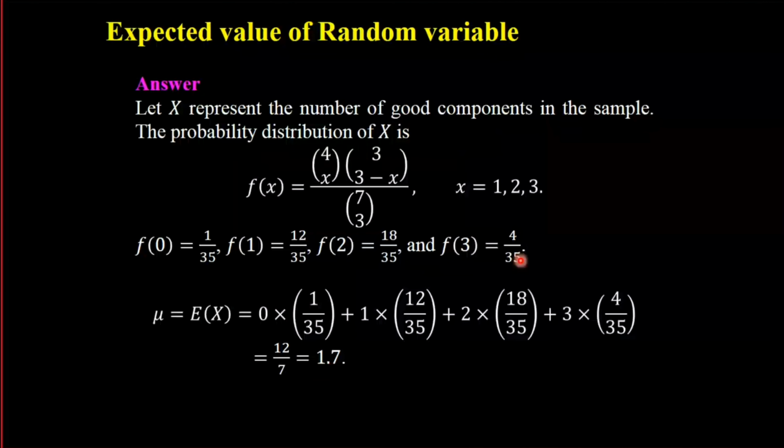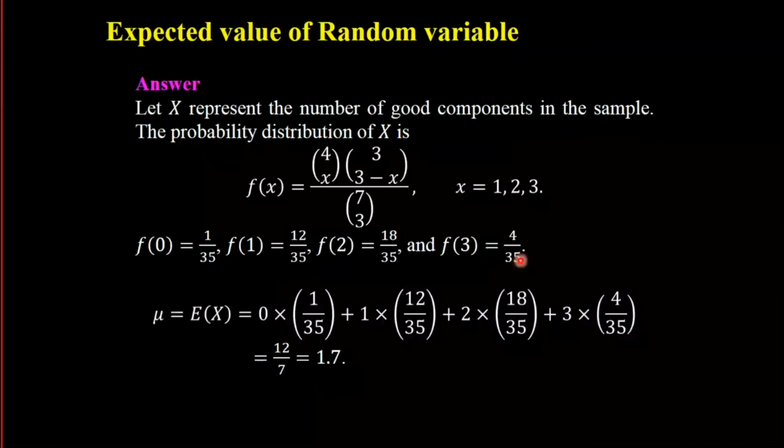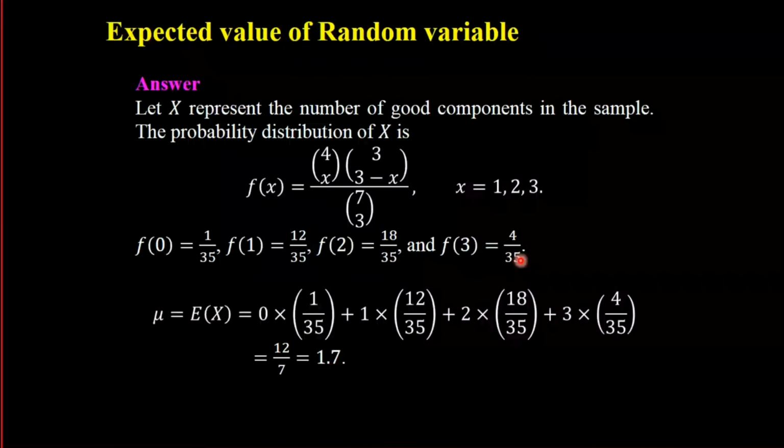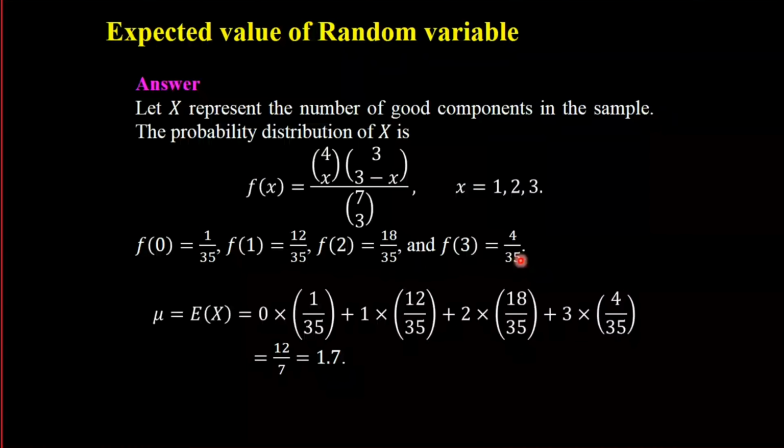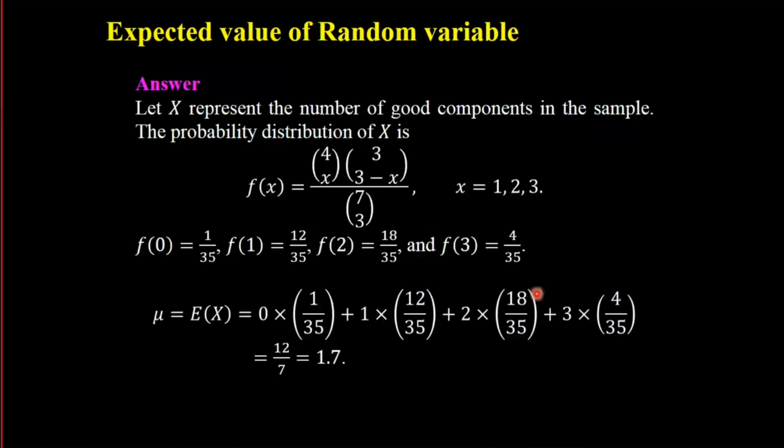Now how to find the expectation or mean? Simple. Mean means the chance of good components coming. So mu equals E of X, that is 0 into 1 by 35, that is 0 into f of 0, 1 into f of 1, 2 into f of 2, 3 into f of 3.